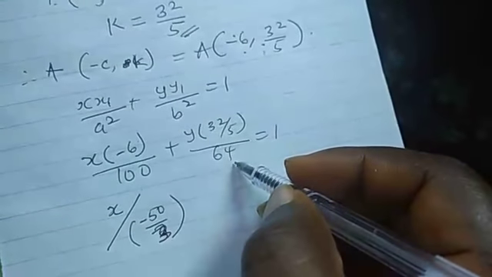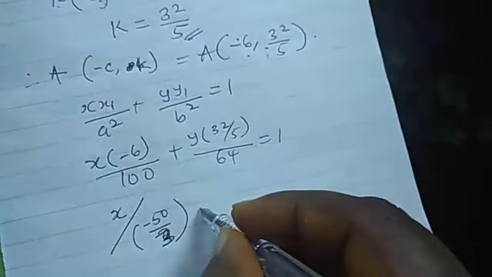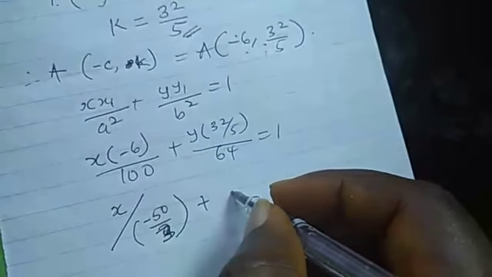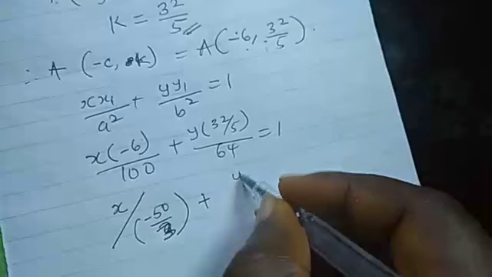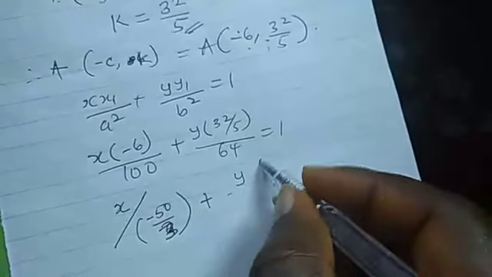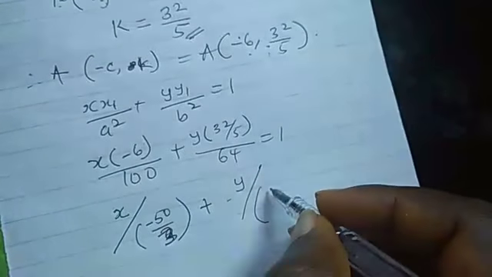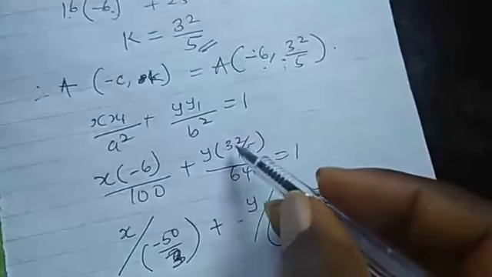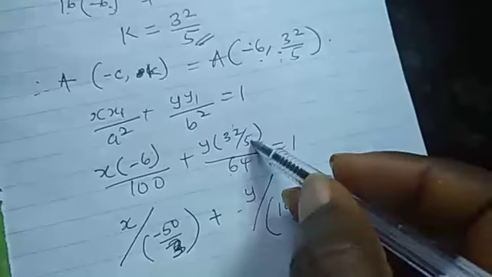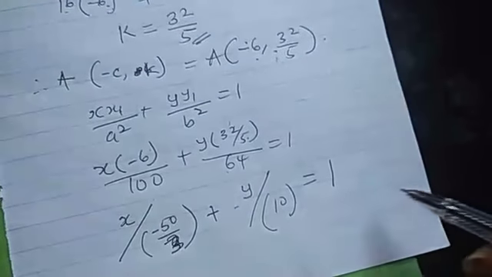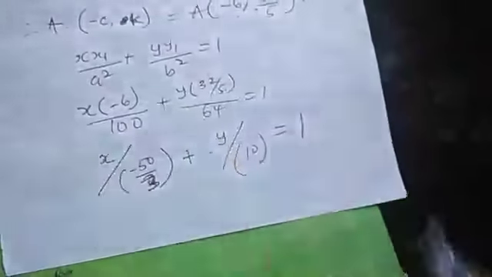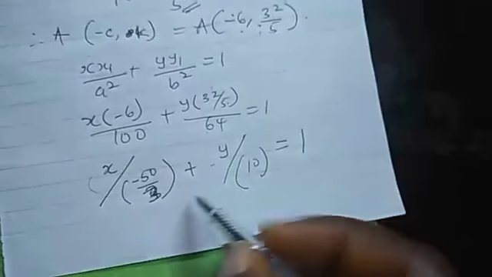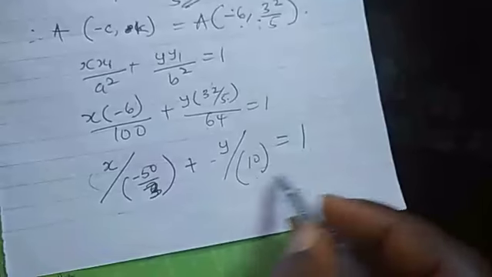Also 32 in this is 2, so we should be able to have y divided by 10 is equal to 1, because this cancels this, and the 5 times that 2 will give me 10. So this is the equation of the tangent, which we write in a straight line form.